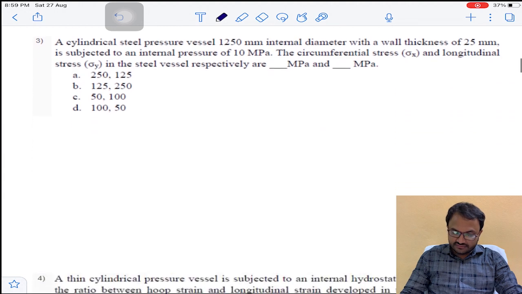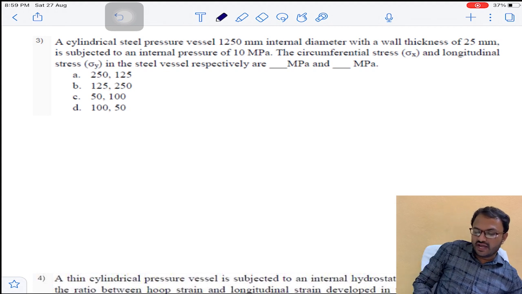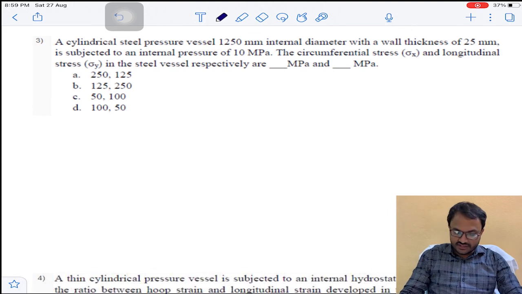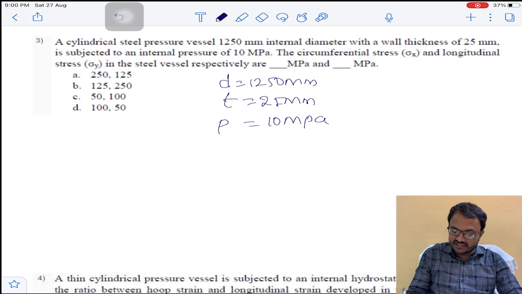Coming to third question. A cylindrical steel pressure vessel 1250 mm internal diameter with a wall thickness. So he has given 1250 internal diameter and wall thickness T is equal to 25 mm and P is 10 MPa. Calculate circumferential stress and longitudinal stress. So circumferential stress sigma x is equal to PD by 2T.